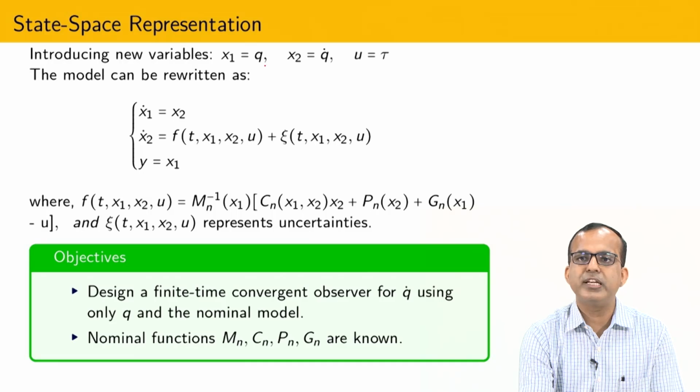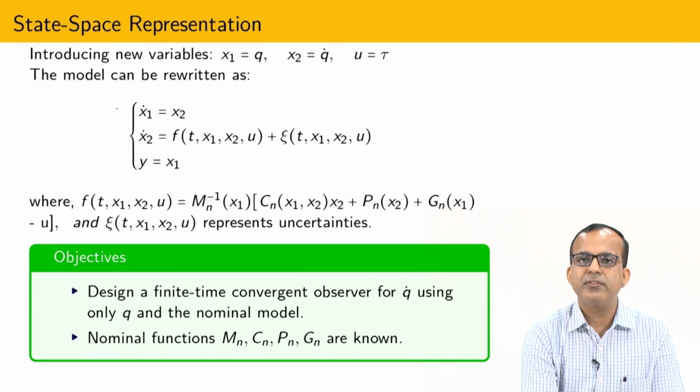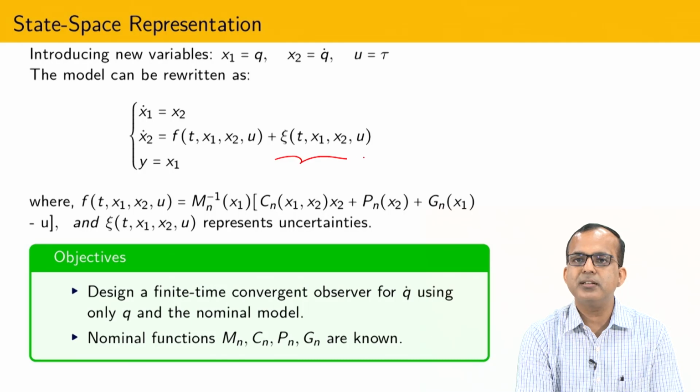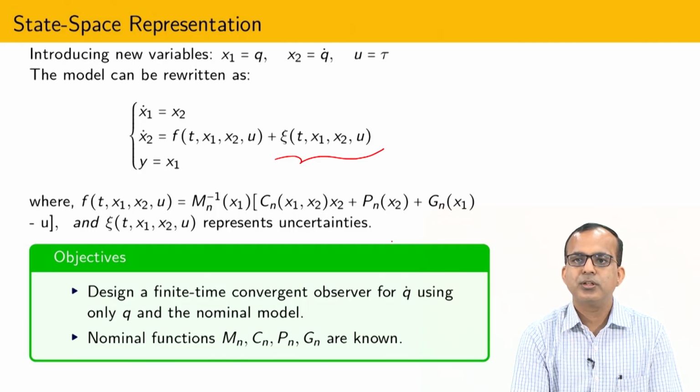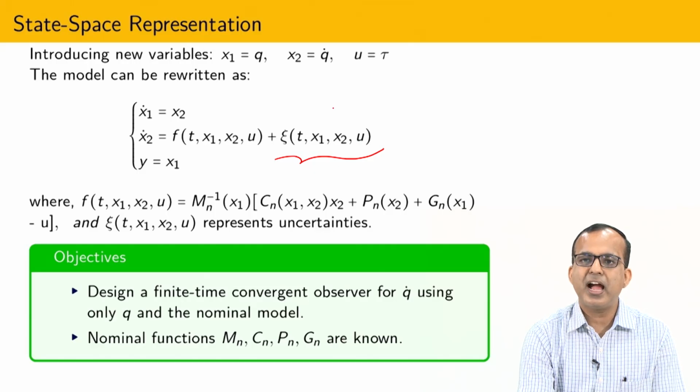I have taken x1 equal to q, x2 equal to q dot, and u equal to tau for this second order system. Then I have a very nice state space structure for the second order system, and this is nothing but the uncertainty.